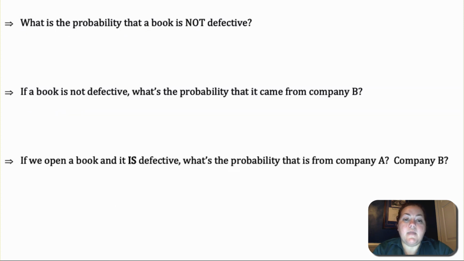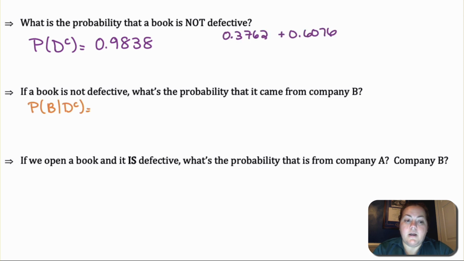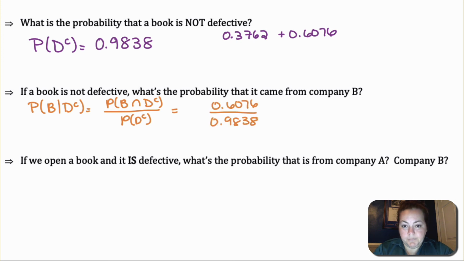What is the probability that a book is not defective? So again, I'm adding up the not defectives. If a book is not defective, what is the probability that it came from company B? All right, so this came from company B given it was not defective. So that would be come from company B and not defective divided by the probability it's not defective, which I get 0.6176.